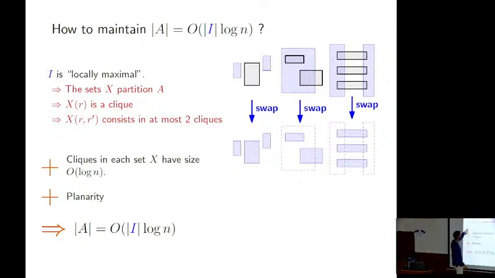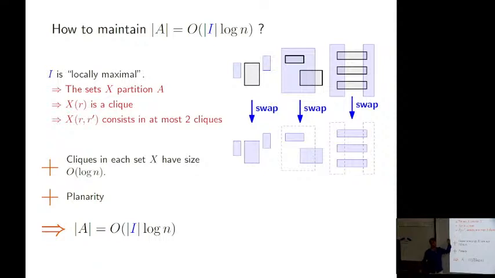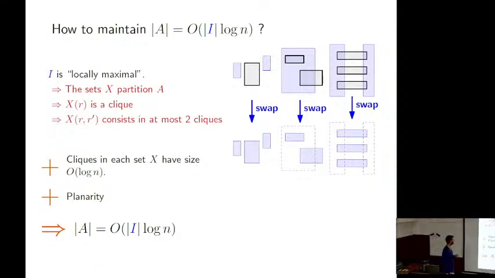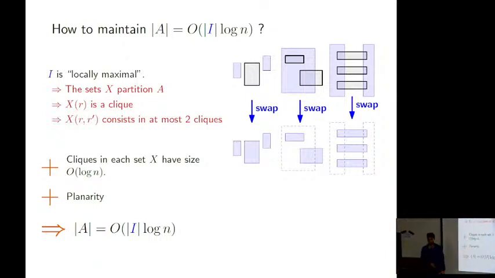And there are at most 3 times the number of vertices edges. For each edge, we have at most 2 cliques of size log n. So at the end, we get this bound, if we manage to maintain these cliques of size at most log n.